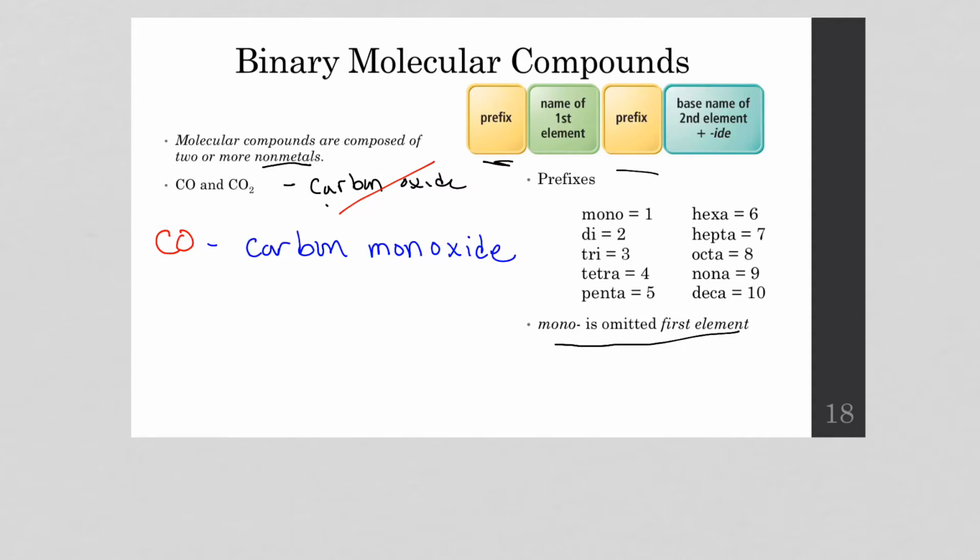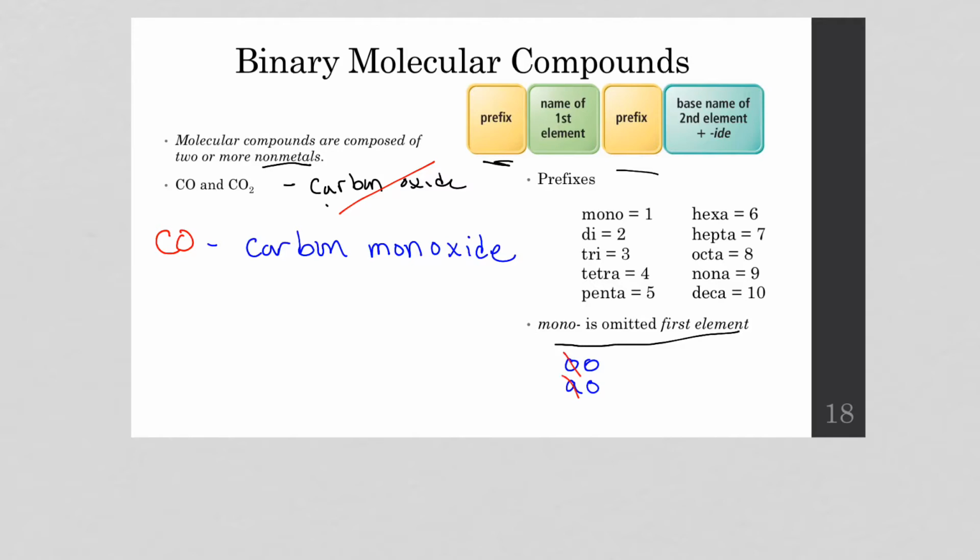Now, I will point out a couple of grammatical things that tend to come up. You notice here I wrote monoxide instead of monooxide. So if you have a combination of two O's or an AO, then we eliminate the first vowel.